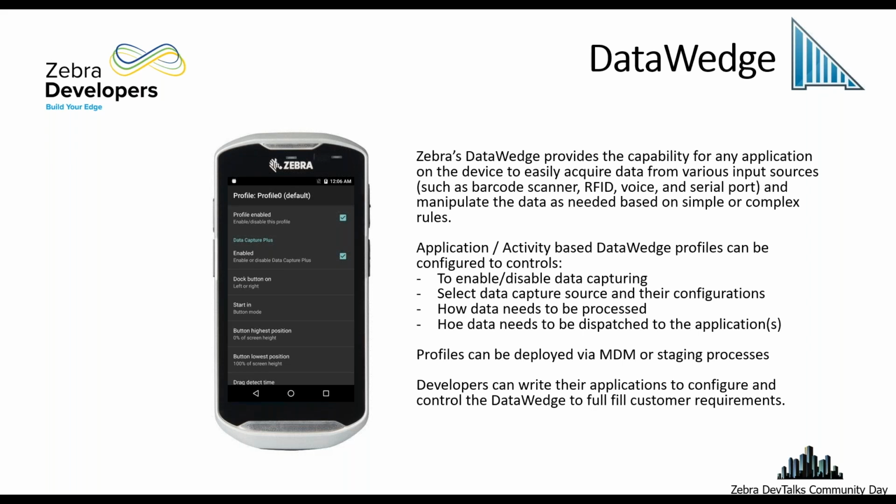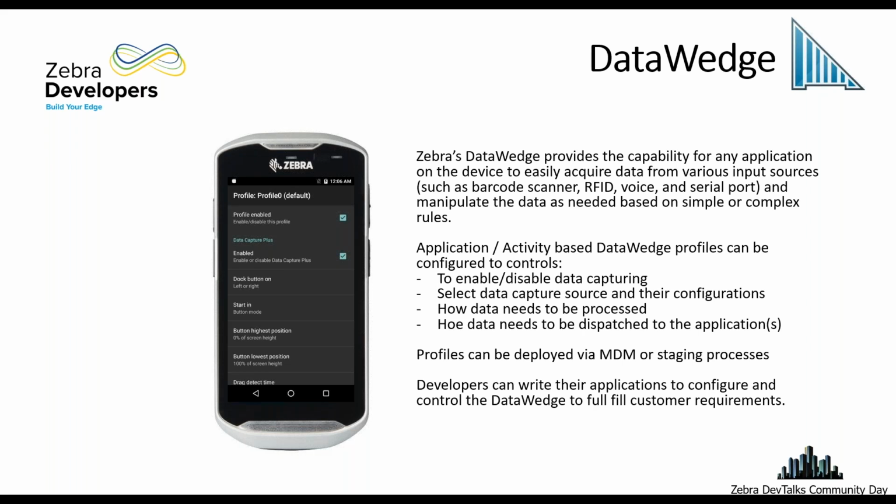So there are mainly two types of data capturing options. If you scan a barcode or scan an RFID tag, your data can be received as keystrokes. There, when you have a text field focused, your data will be entered into your text field without you having to do any programming to capture data.